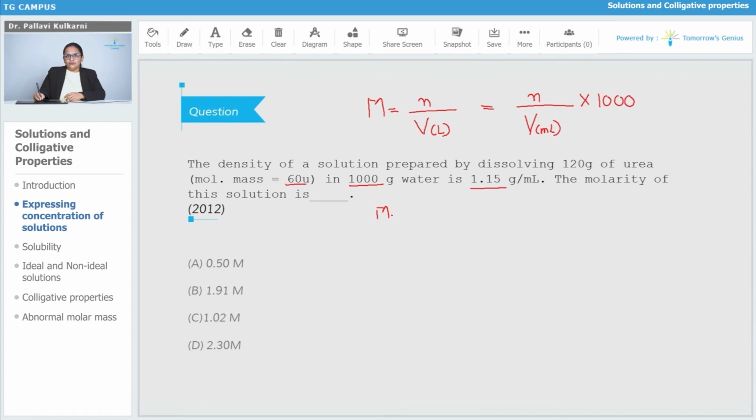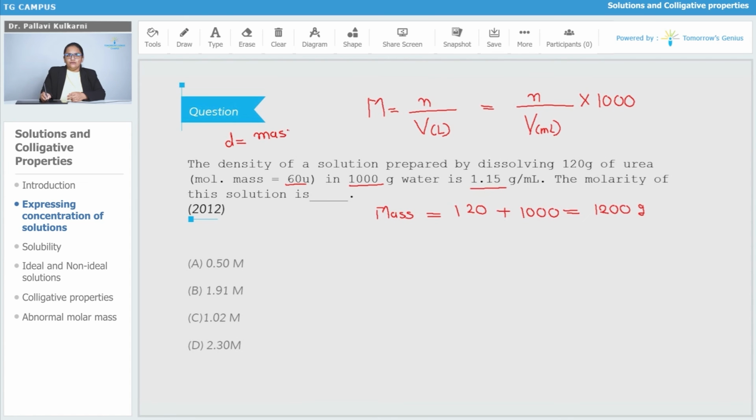As we know, the mass of the total solution is equal to the mass of the solute plus the mass of the solvent. The mass of the solute is 120 gram urea and the mass of the solvent is 1000 gram water. Total is equal to 1200 gram. This is the mass of the total solution. Now we know one more formula: density is equal to mass upon volume.